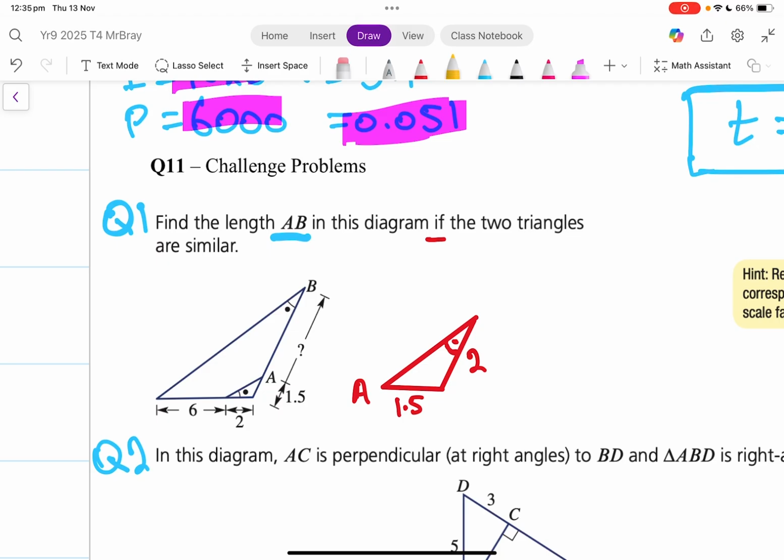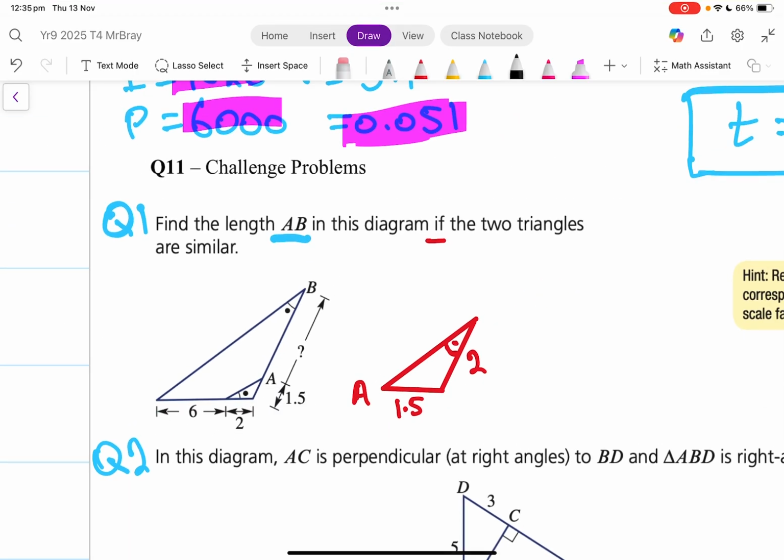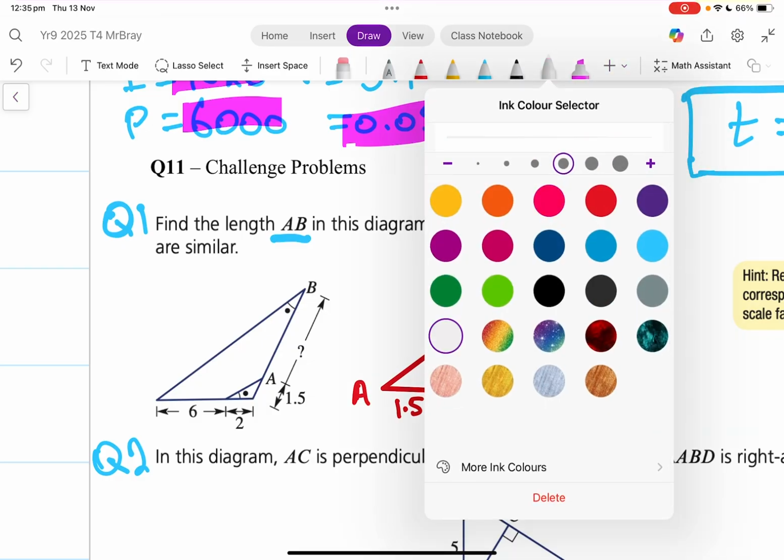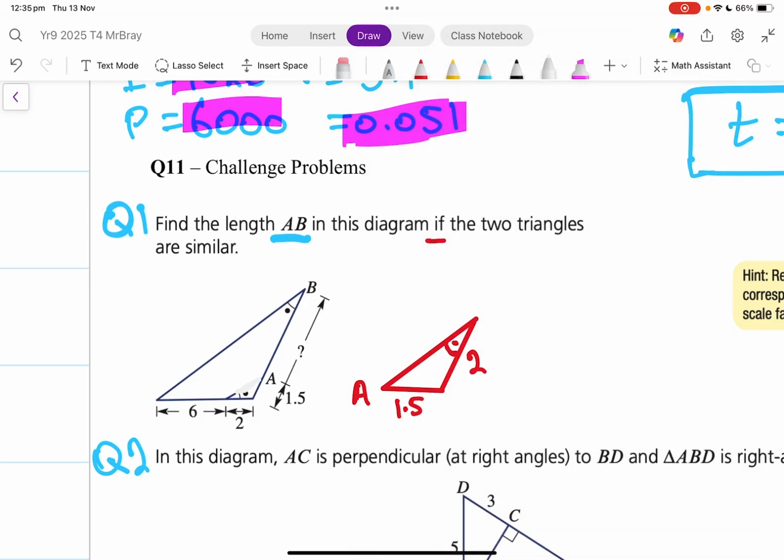As for the larger triangle, over here I have 6 and then I have 2. To make this a little easier for you guys to follow, we can even get rid of this triangle in here now, and we're just going to look at this as if it's the big triangle.